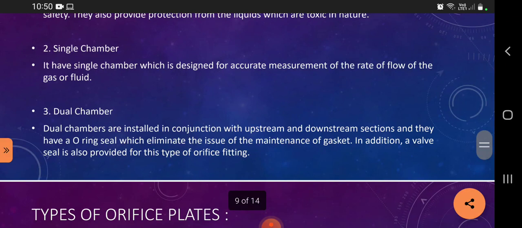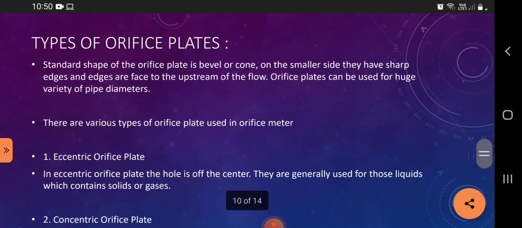The dual chamber: dual chambers are installed in conjunction with upstream and downstream sections, and they have a zero ring seal which eliminates the issue of maintenance of gas cut. In addition, a valve seal is also provided for this type of orifice fitting.